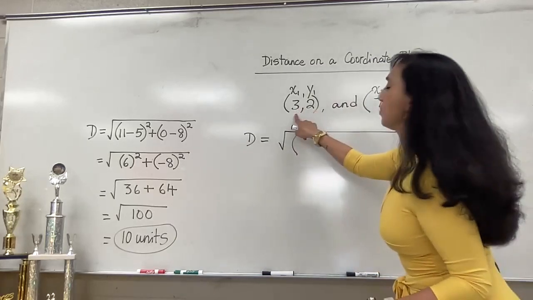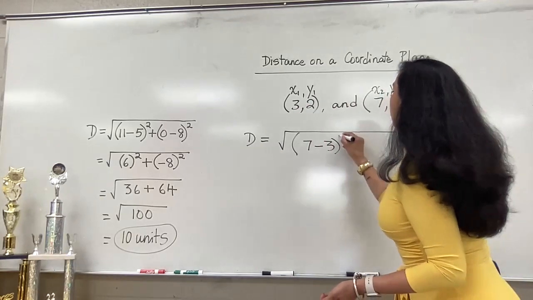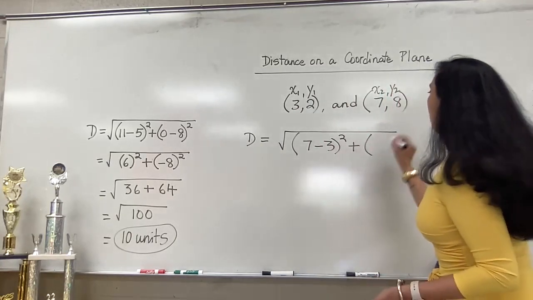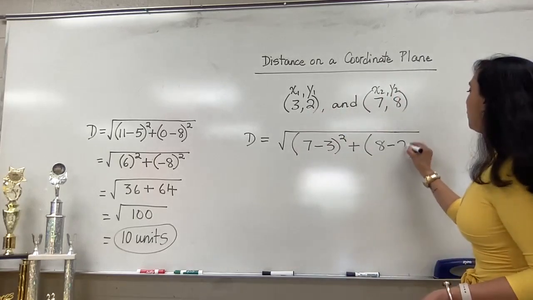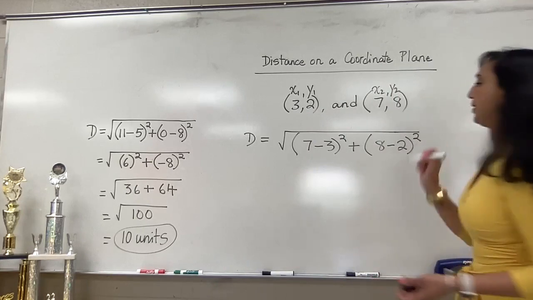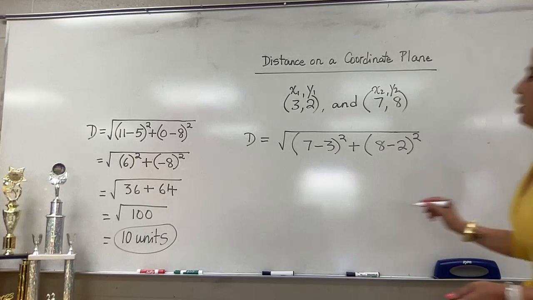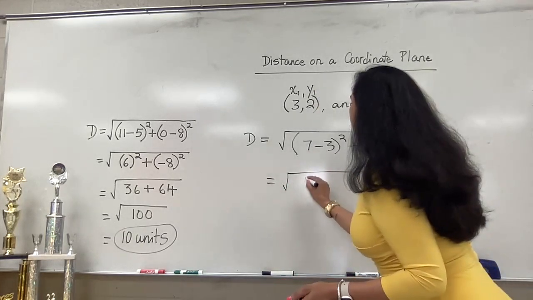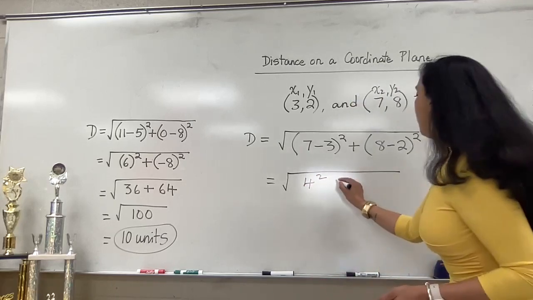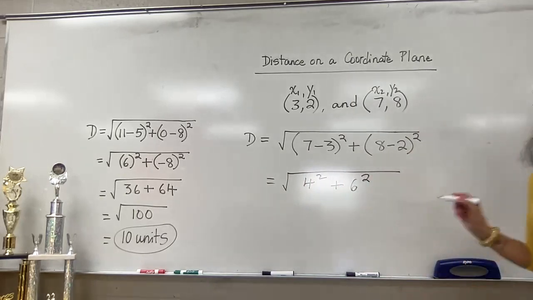So d is equal to the square root of x2 minus x1. So 7 minus 3 squared, plus y2, which is 8, minus y1, which is 2, squared. I get 7 minus 3, which gives me 4 squared, plus 8 minus 2, which is 6 squared. 4 squared plus 6 squared.